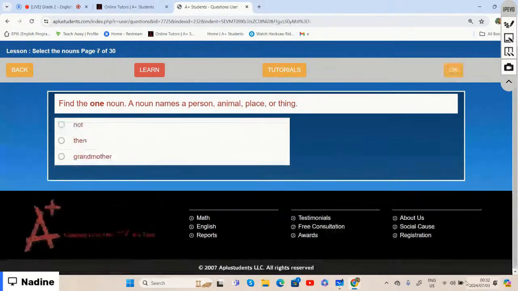We need to also select another noun, right? One more noun. Is it not, then, or grandmother? We need to select a noun.